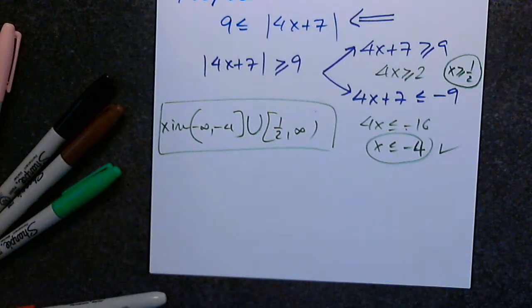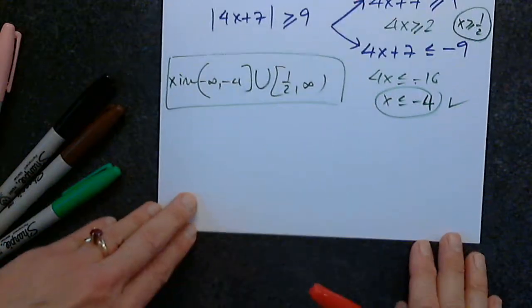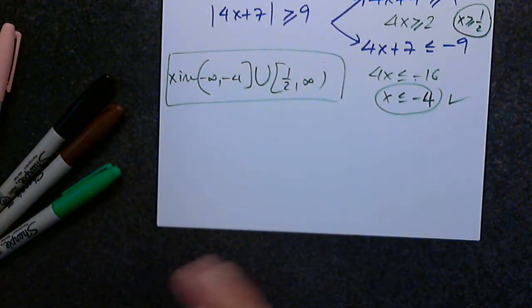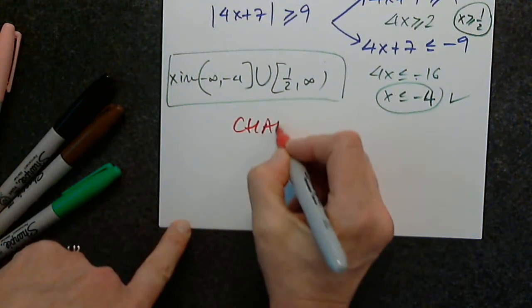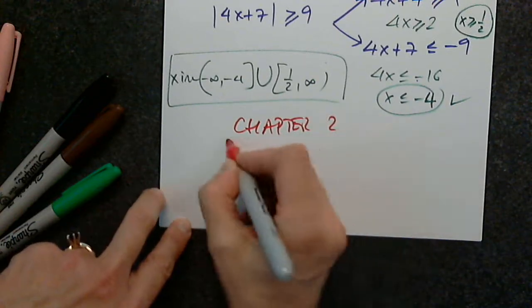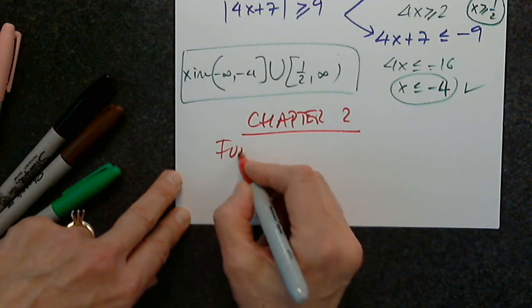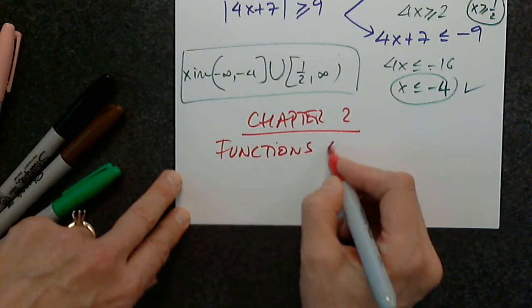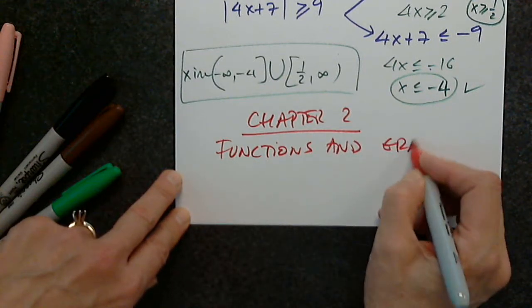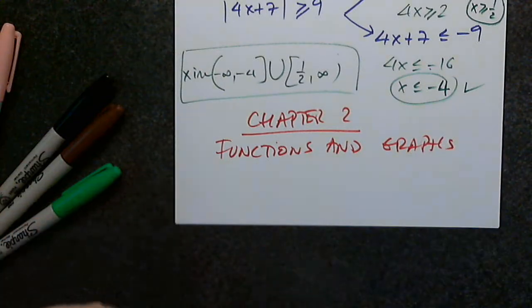Okay. So we're ready now to move on to chapter 2. A lot of chapter 2 is review, but I will cover everything. So this is chapter 2. And it deals with functions and graphs. Functions and graphs.